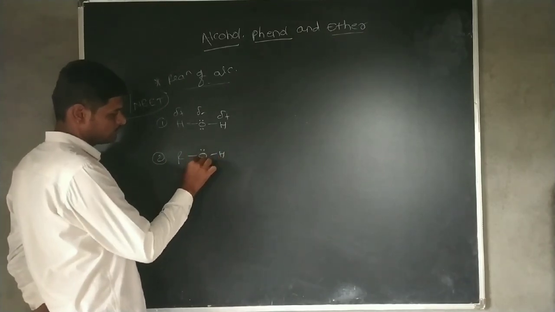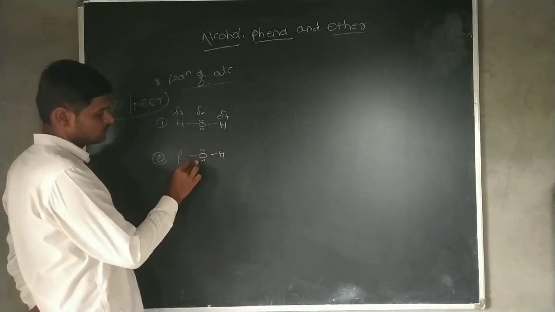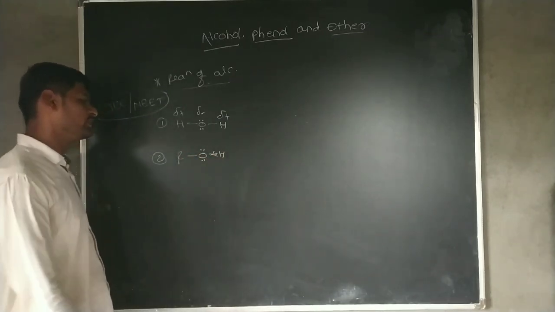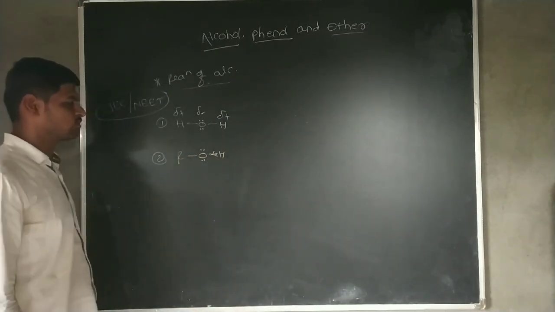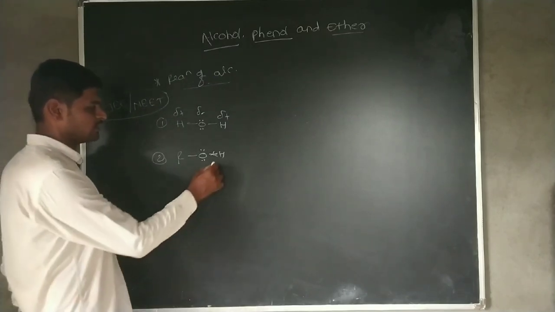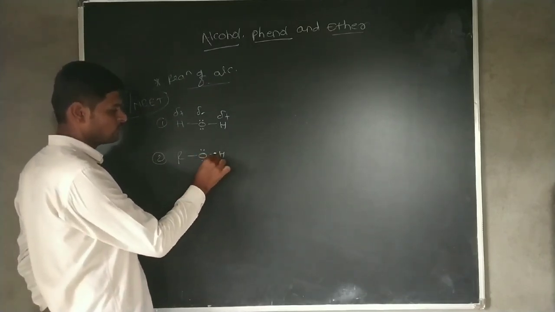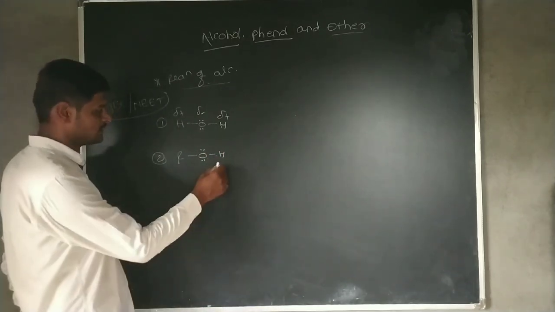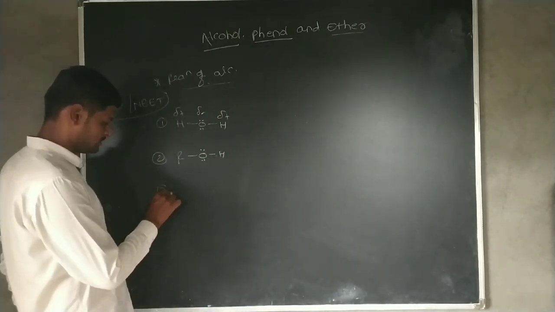In the second example, we can also take the alcohol. In case of alcohol, the oxygen also shows electronegativity. Due to this electronegativity, it attracts the shared pair of electrons towards itself from the hydrogen atom. Therefore, in case of alcohol, the hydrogen is present as H plus, or is acidic in nature.